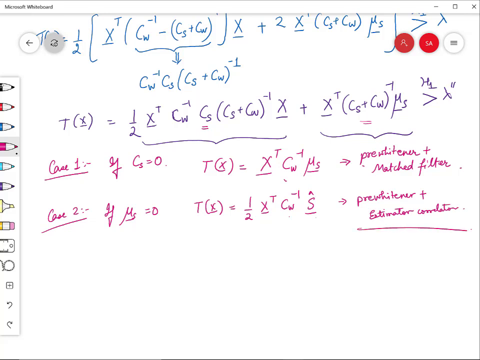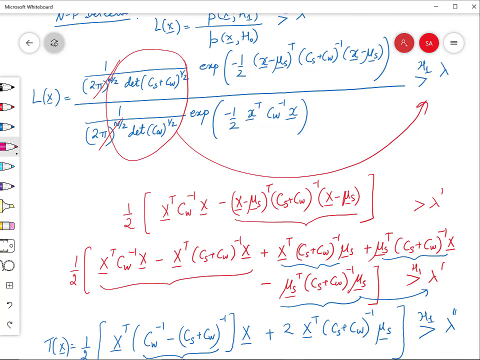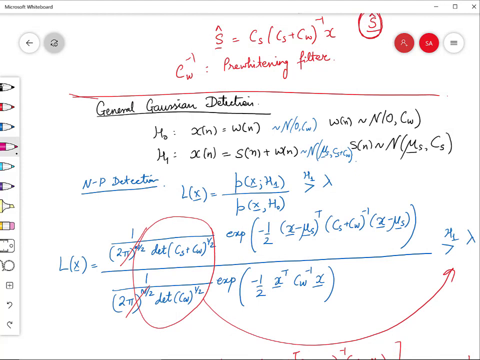All right, so this ends our discussion on the detection of random signals. What we meant here is that we knew the distribution of the random signal. We didn't know exactly what the signal is, but we knew the distribution, and we had full information about these distributions.